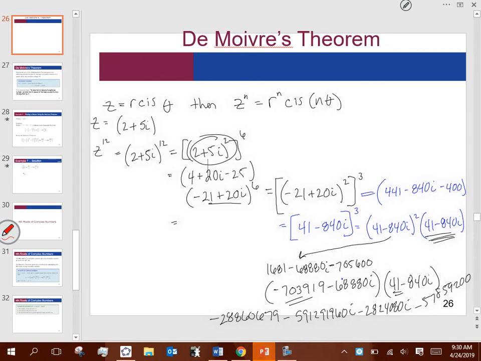So, combine like terms then. That first number, negative 2,886,0679, minus this number out here, gives me negative 8,671,9,879. And then when I add these two i components together, we've got negative, yes.